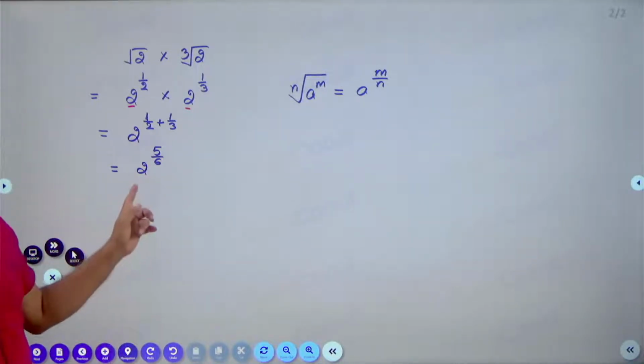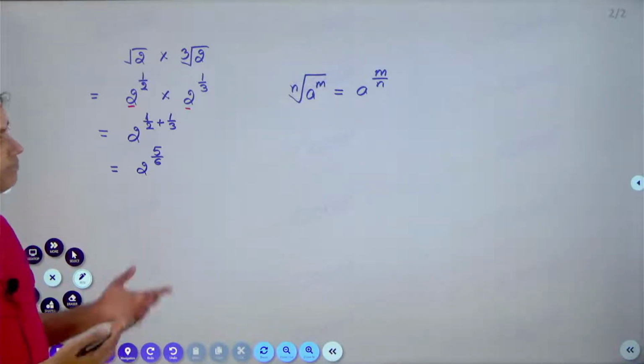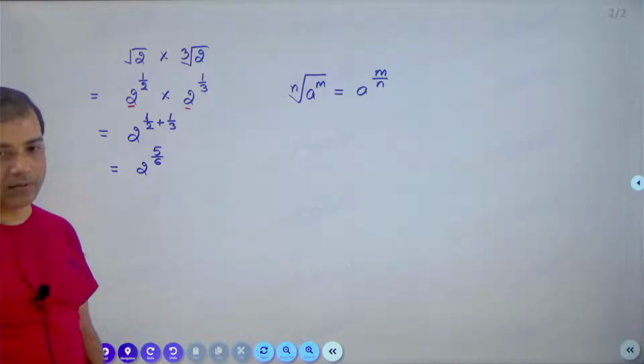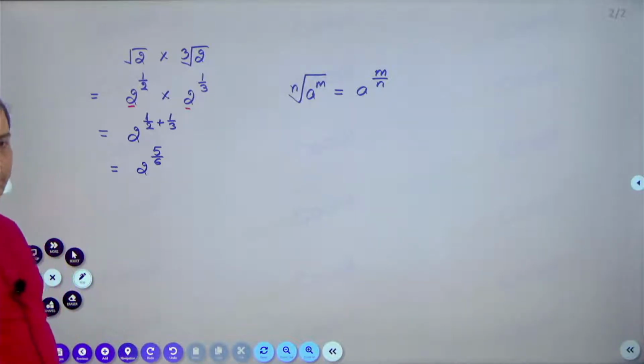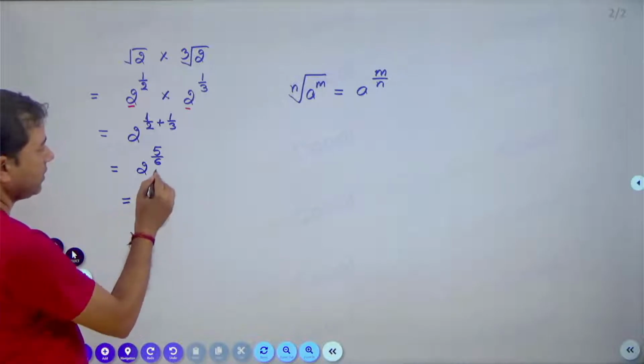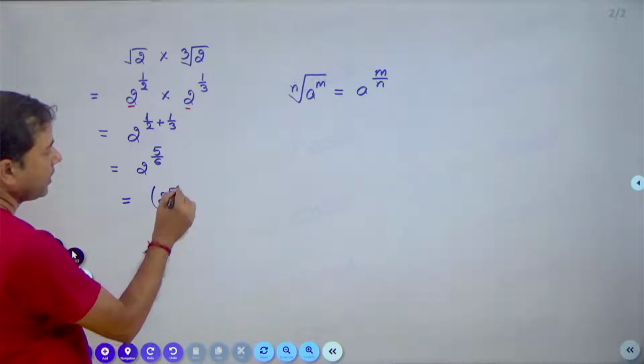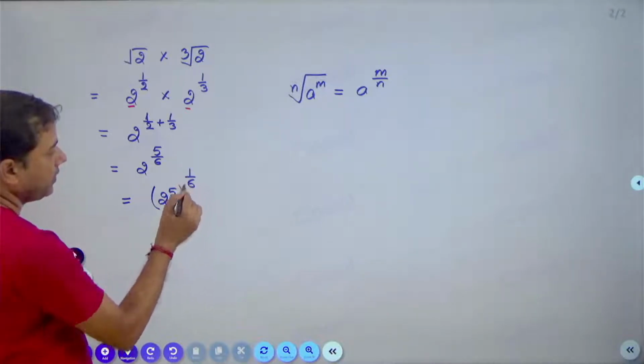Do you think this is equal to 6? No. This is not equal to 6. We can further write it like this: 2 raised to the power 5 raised to the power 1 by 6. Is that right?